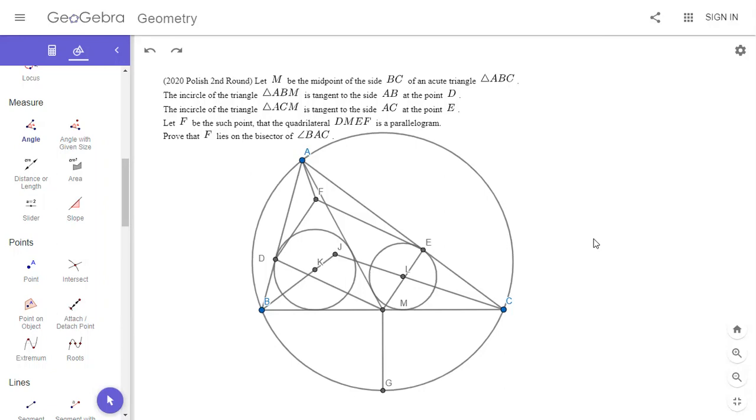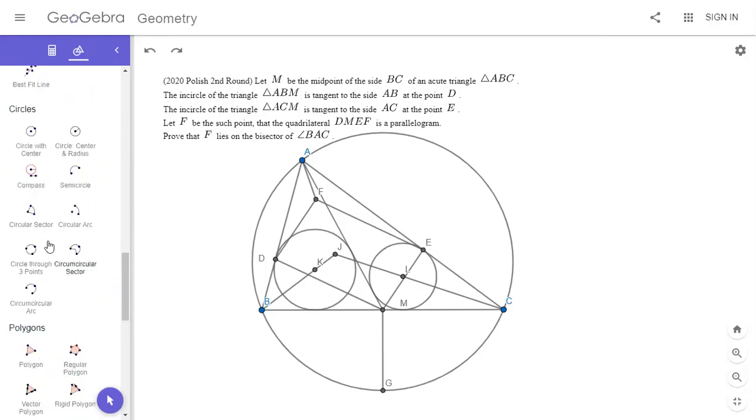Trying to remember it. So let me see if I can remember. I'm just going to draw a little mini diagram here.